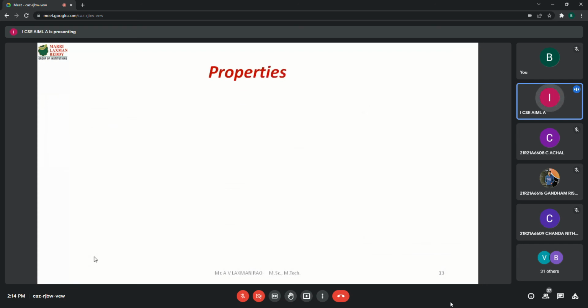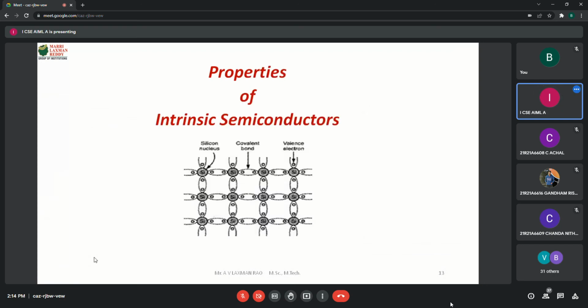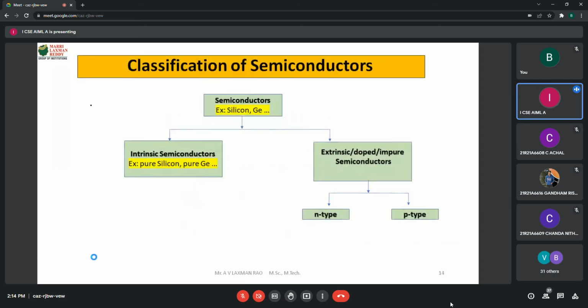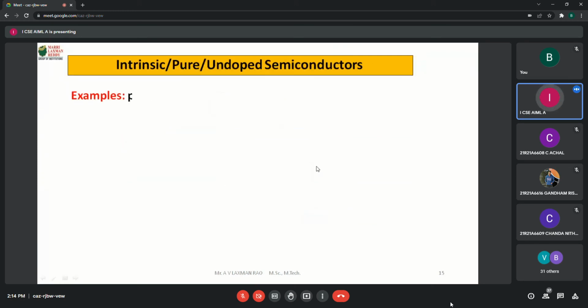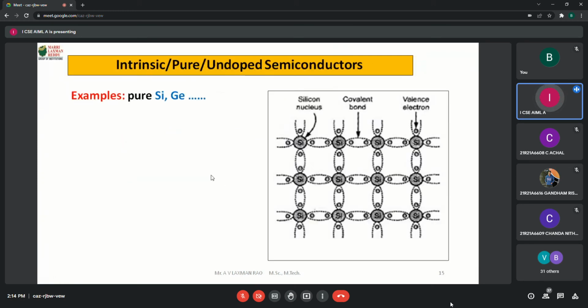I am just reviewing the topics in Unit 3A, semiconductors. Now you know intrinsic and extrinsic semiconductors, their properties, and N-type and P-type formation. For intrinsic semiconductors, the atomic arrangement is like this. Examples are silicon and germanium.